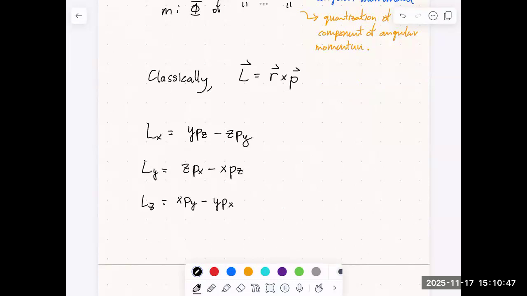Okay, so in quantum mechanics, px is minus i h bar d by dx. Generalizing to three dimensions, py would be minus i h bar d by dy, and pz would be minus i h bar d by dz.